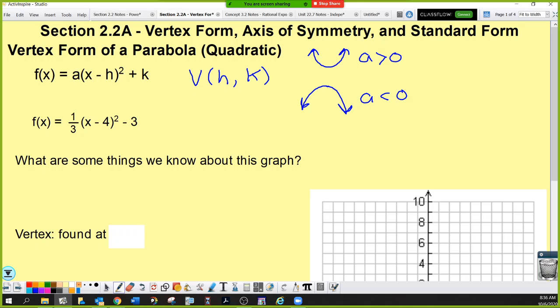That's just generic information. You can look at vertex form, you can know where its vertex is, and you can know which way it points. And with knowledge of transformations, if the number on the front is bigger than 1, you know it's going to look skinny. If that number on the front is a fraction between 0 and 1, you know it's going to look wide. That's just transformations. It tells you all of that.